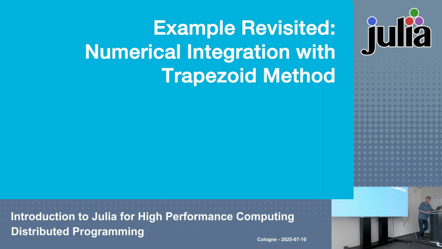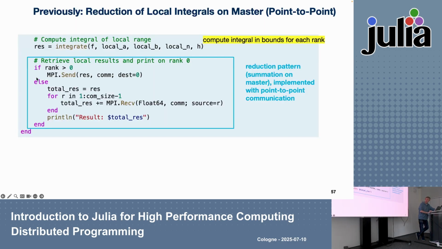And now at the end, we can also get back to our trapezoid example. After every rank computed their partial result, we used point-to-point communication with send and receive to send the partial results back to root.